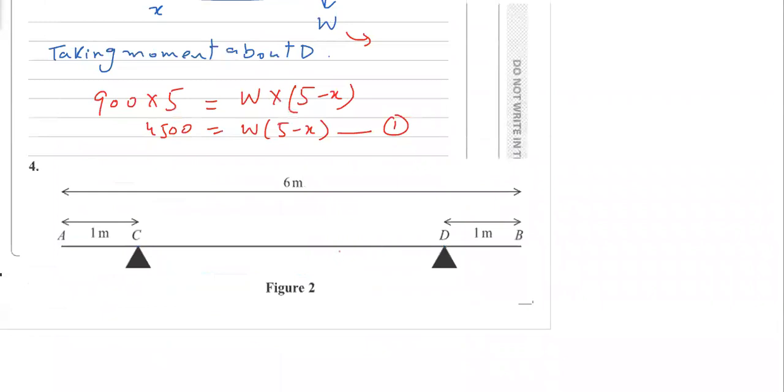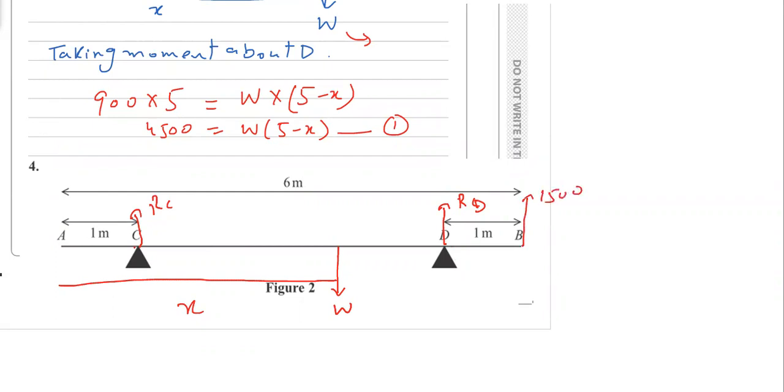W is at a distance of X meters from this one. The reaction at D is RD, and at C is RC. Now this time the force of 1500 Newton is applied here, so it will lift from here, so RD will be equal to 0.